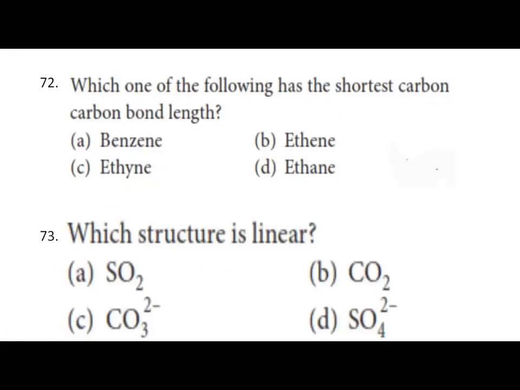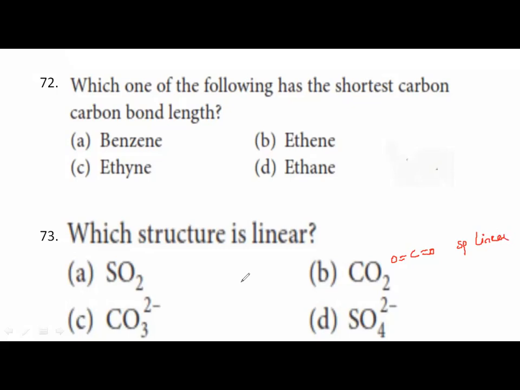Next, which structure is linear? SO2, CO2, CO3 minus 2, and SO4 minus 2. See, the CO2 molecule we have seen so many times. It is a linear structure. The hybridization of carbon is sp and the geometry is linear.